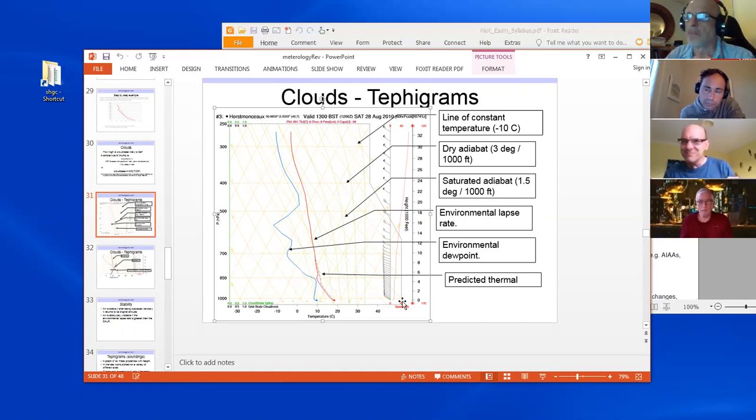That's not untypical of UK weather, where when you get in a thermal, it's rare that you're going up at 5 meters per second. That's unusual. Generally, lower down, it's tricky, 1 to 2 meters per second. And that means that your parcel of air is only marginally warmer than the surrounding air. So it's going up slower.